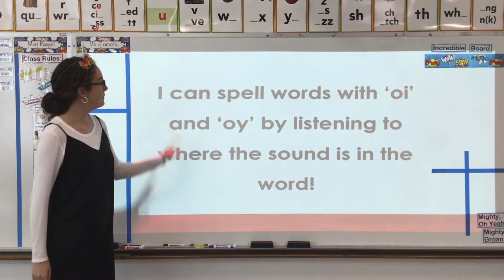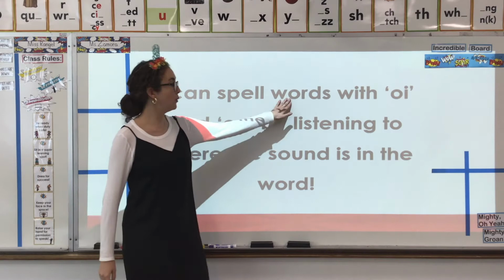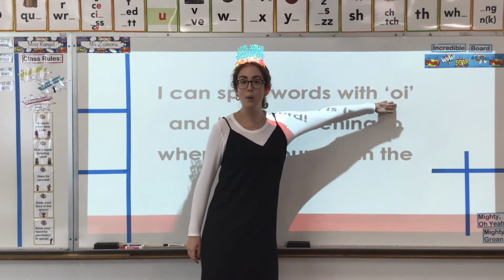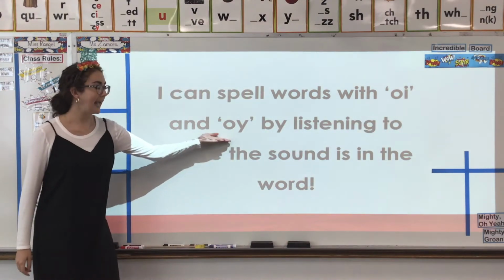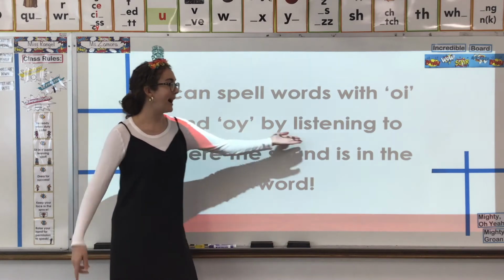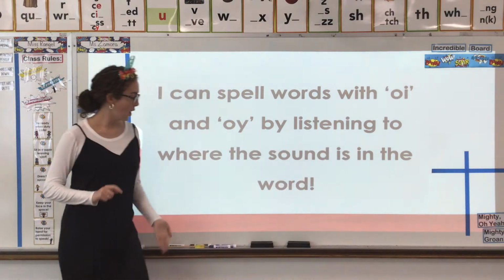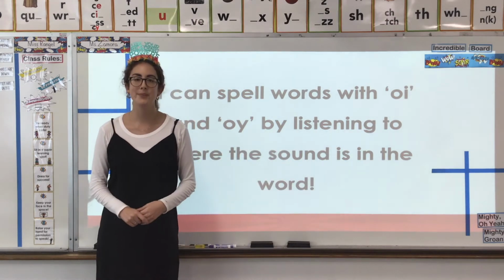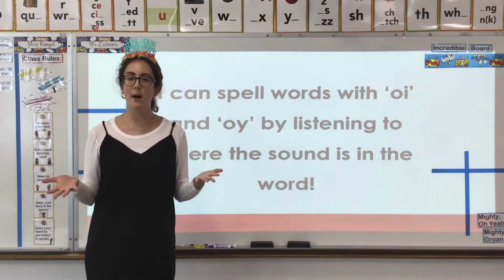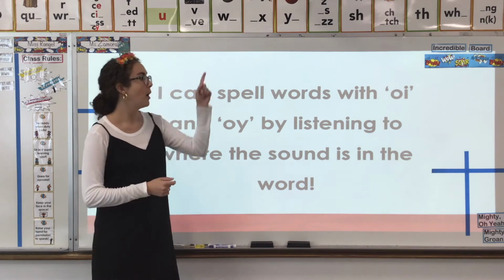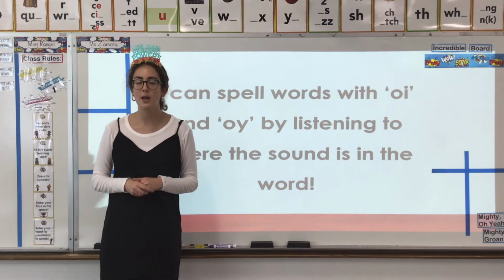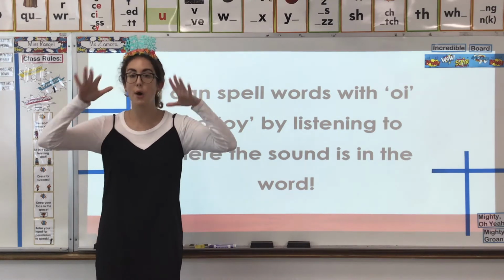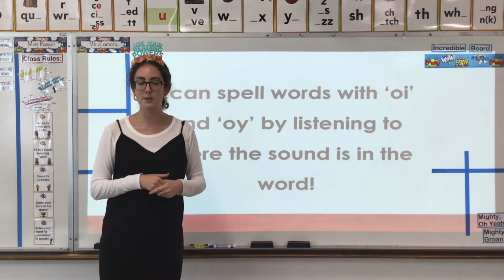It says, I can spell words with OI and OY by listening to where the sound is in the word. So yesterday when we learned about our 2 new O teams, OI and OY, we were really practicing decoding and looking for those clues.